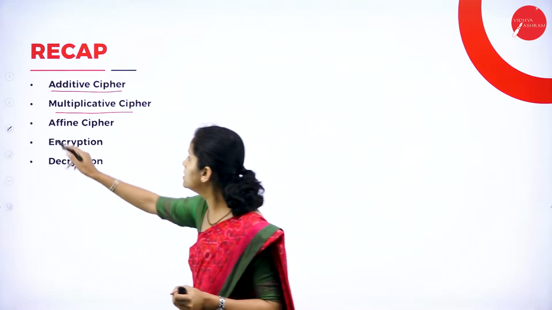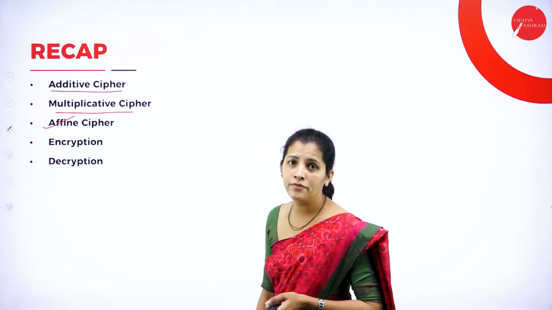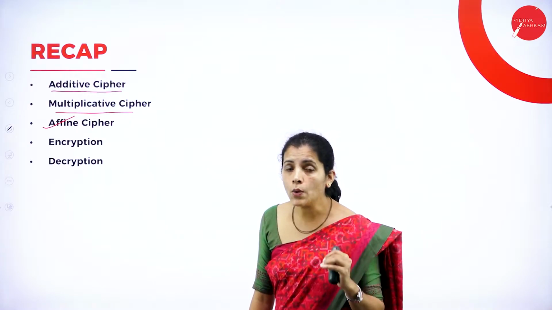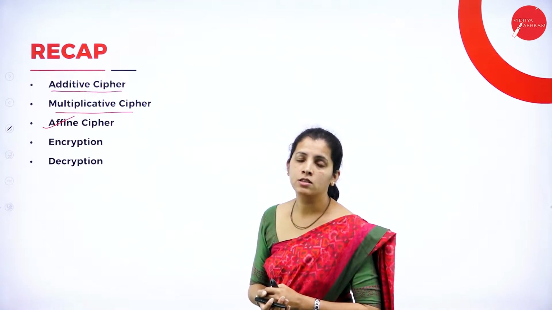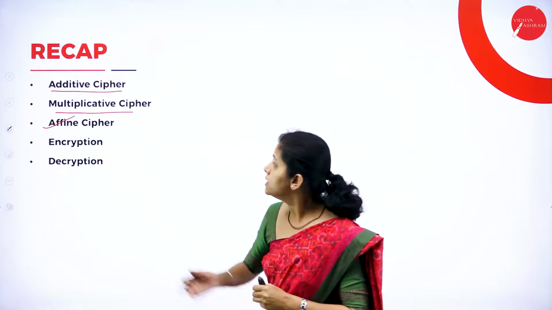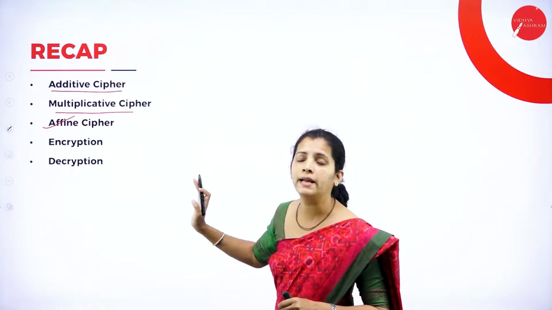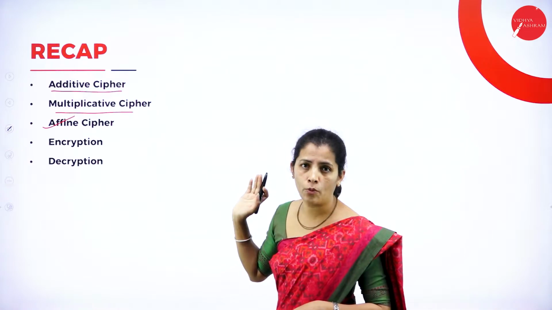Along with that I started what is an affine cipher, and how to perform encryption as well as decryption, along with the problems. Dear students, from the examination point of view, these three are very important topics, and you can expect any one question from these three topics.